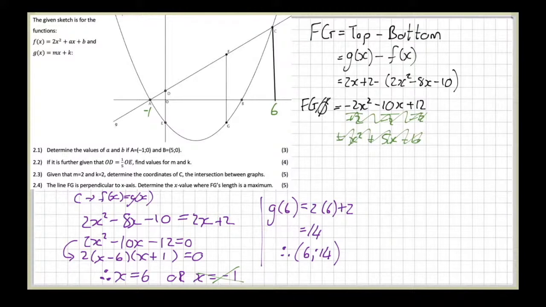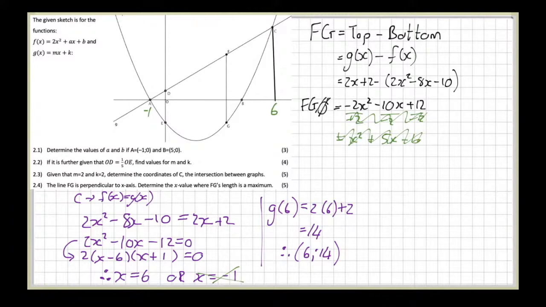Now we need to look at what is the actual question. The actual question is, where is FG's length a maximum? Now, a maximum, oh, I so wish you guys were in grade 12 already. Then I would teach you calculus at this moment. But we have to now analyze.